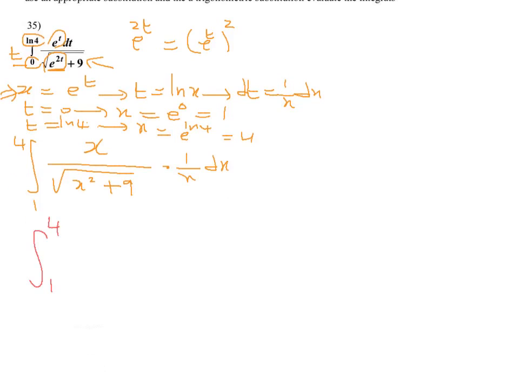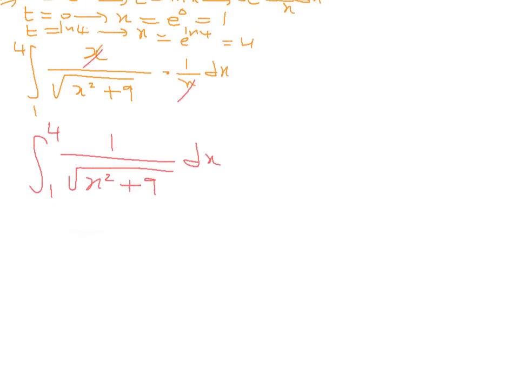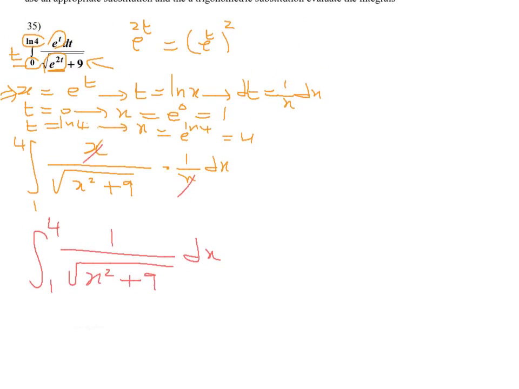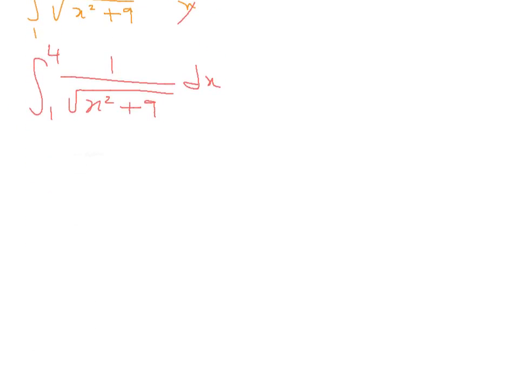from 1 to 4. This cancels with this. So we have changed the variables and made the integration look simpler than the first one. So we are going to start from here now. This is the same integration but in terms of x.